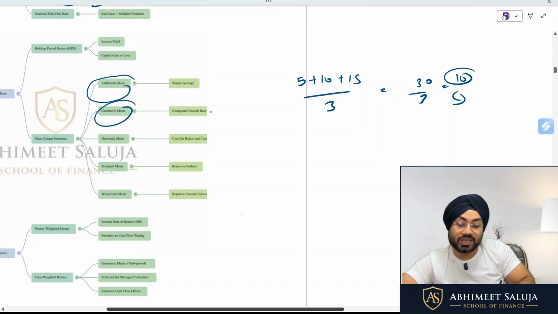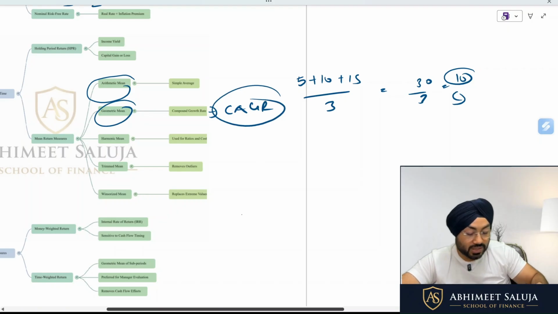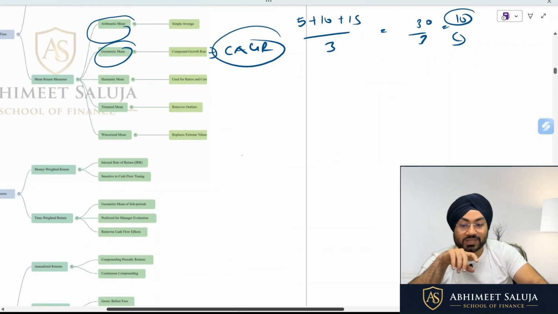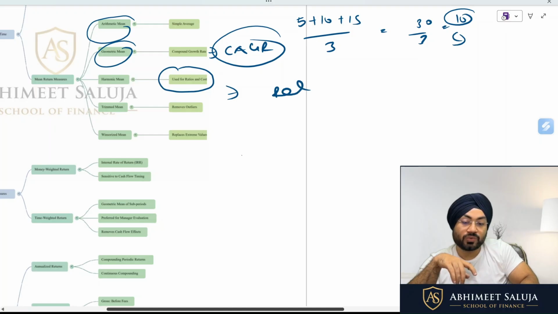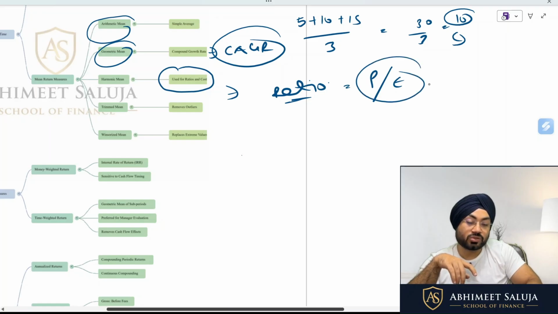Geometric mean is basically CAGR, compounded annual growth rate. You are going to learn this. We'll take a lot of examples and you'll understand this as well. Harmonic mean is used when we are averaging out ratios, like how do we average out P/E ratios, price to earnings multiples and all?